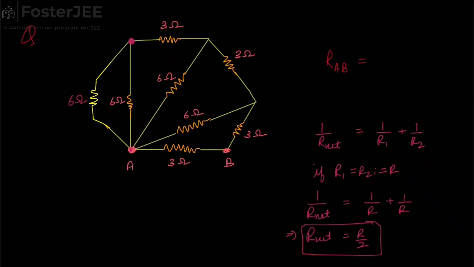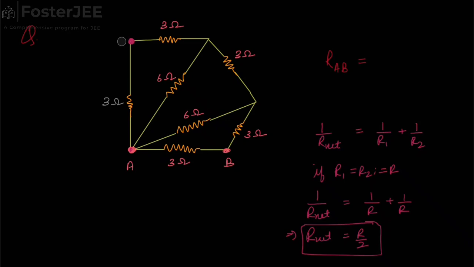Hence, if the resistors are in parallel and the resistance values are equal, the equivalent resistance becomes half of one resistor. So, we can see that these two resistors are in parallel and equal in magnitude. So, if we combine both these, then we can replace this branch with a resistor equal to half of one, that is 3 ohm.